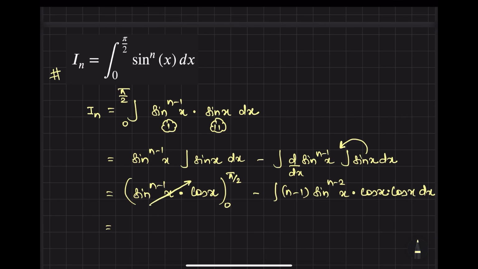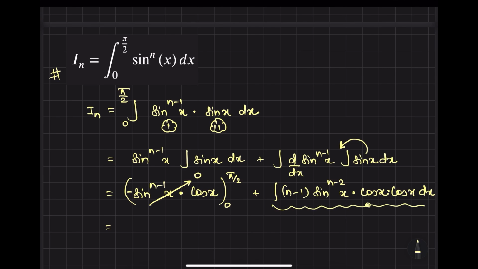So this whole thing becomes 0, and all the responsibility is on the next part. Wait a moment, the integration of sine is minus cos x. So this minus will become plus, and here we have an extra minus, so we will have the same result.